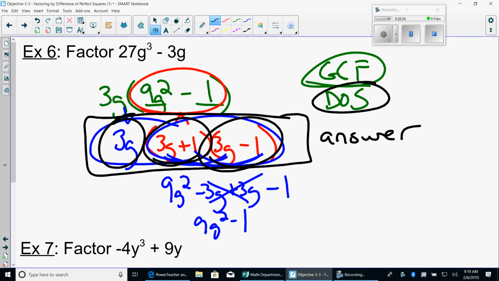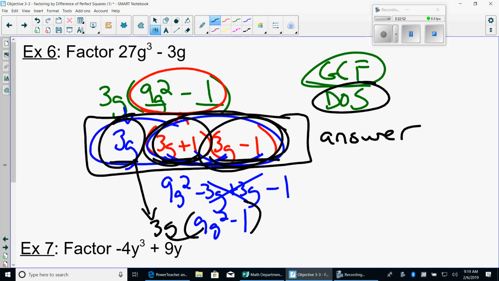So here's my question. How do you multiply three things together at once? So what did we do first? We multiplied two of them. You with me? Get an answer. So there's my answer, 9g squared minus 1. And then you take that answer and multiply it with the third piece, which would be 3g.